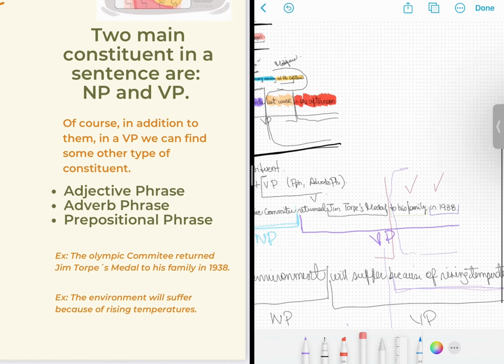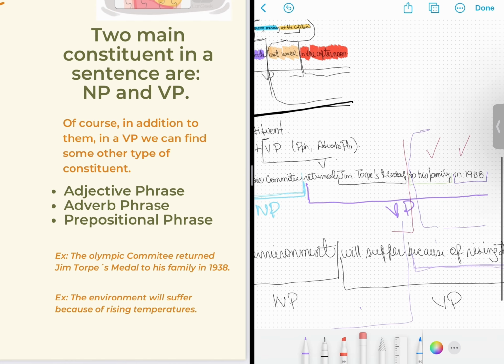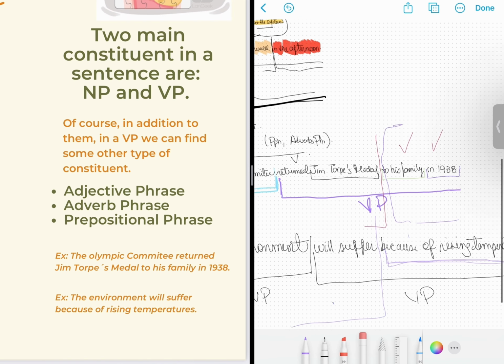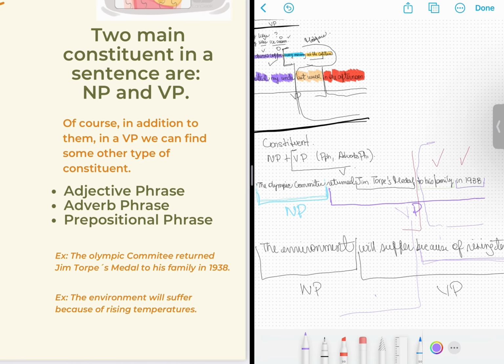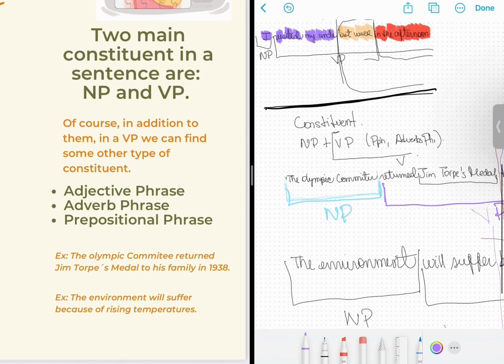Also, you are going to underline essential and non-essential words in a sentence, and also underline the main constituents in the BP. If I ask you BP, then you go immediately to the verb phrase, so you have to underline there the constituents. Of course, this is just the introduction of the topic.